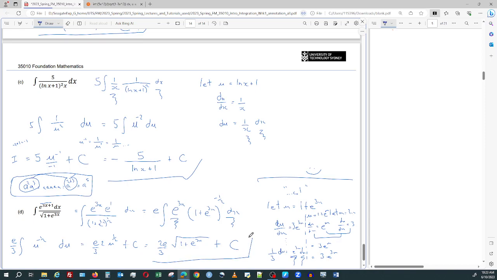Okay, so that encapsulates all of the skills that you'll need, that I want you to have. You being able to use a u substitution chain rule within a u substitution integration.